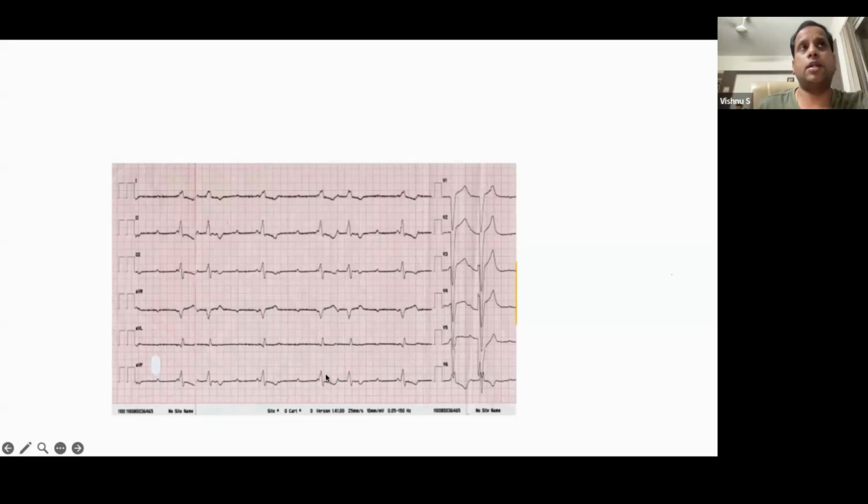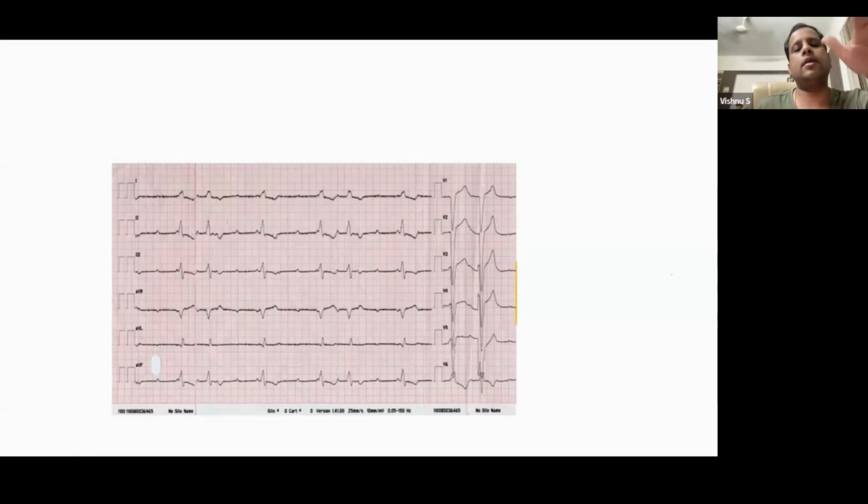There are at least more than two non-conducted P waves before the QRS, and it will be conducted variably without any P to QRS relation. That is also high grade AV block. It is not the definition of complete block, but it needs management equal to complete heart block. It needs early pacing. It's a wide QRS escape.